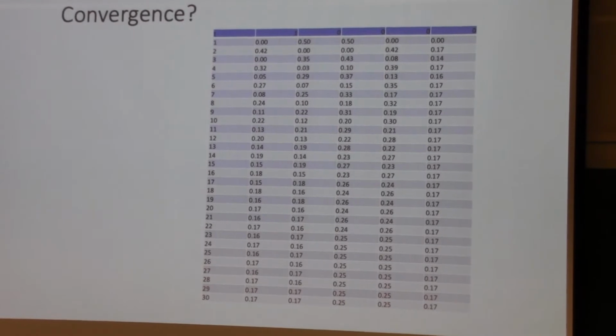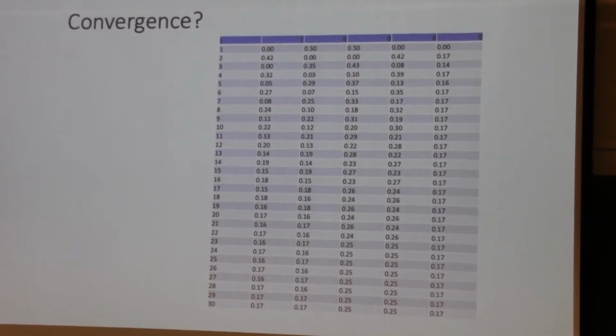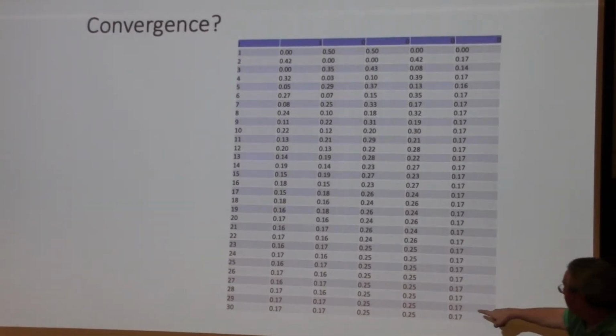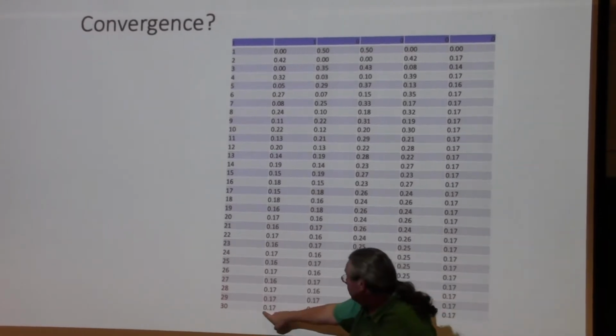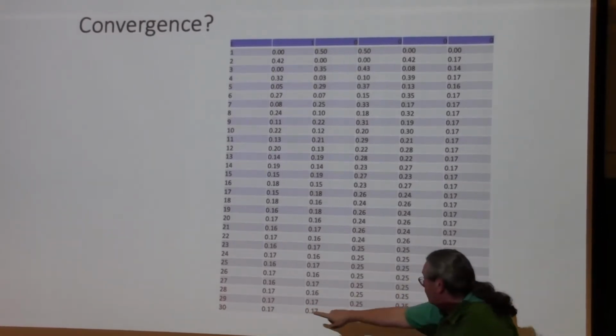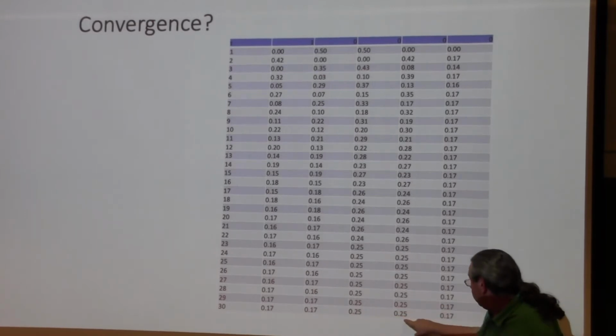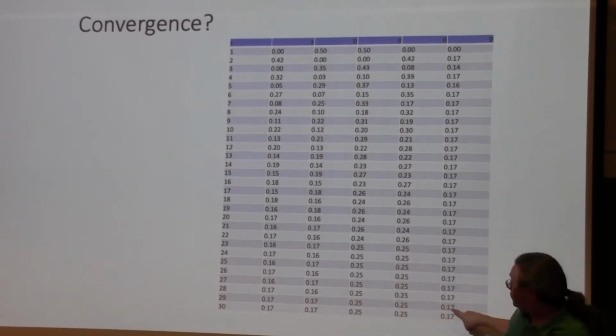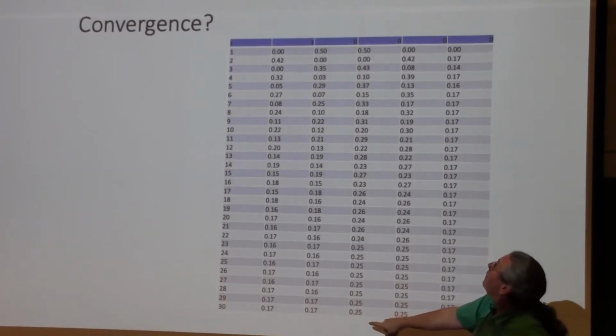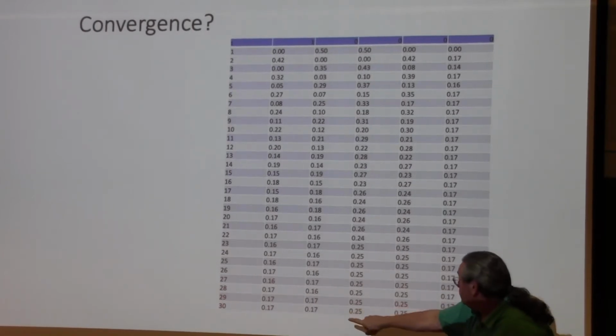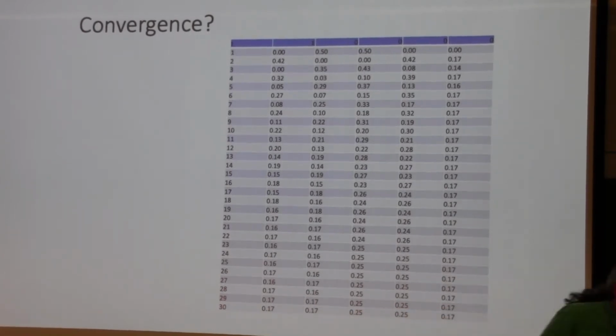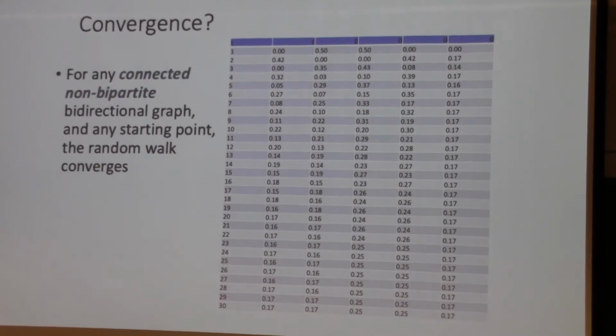Okay, so does this converge? Well, looks like it. After 30 steps, we have 17%, 25, 25, 17. So it looks like nodes 1, 2, 3, and 4 have more chance than the others.